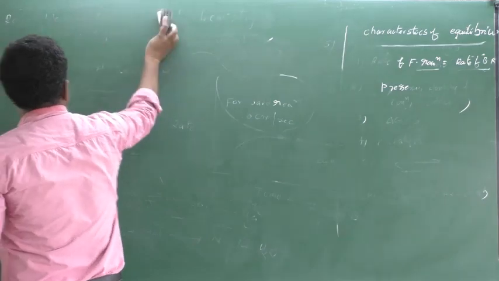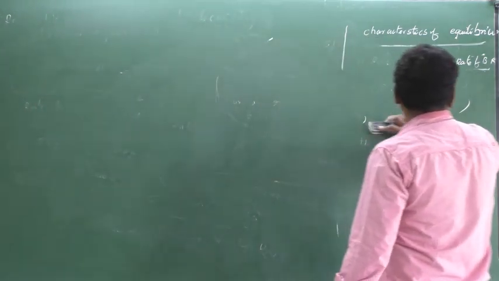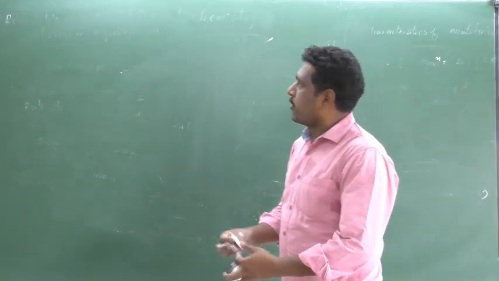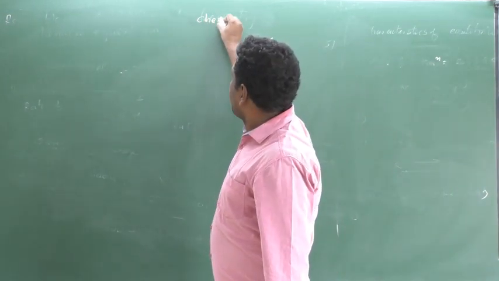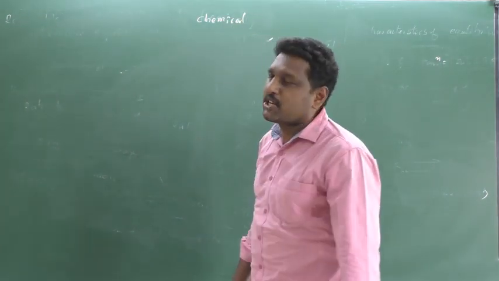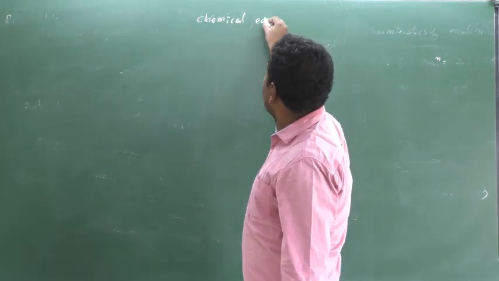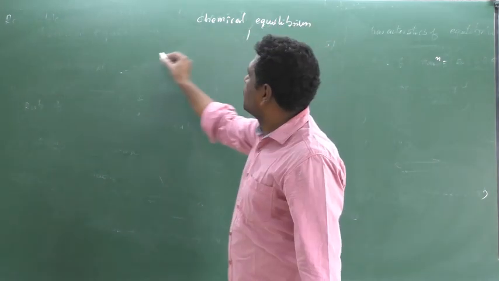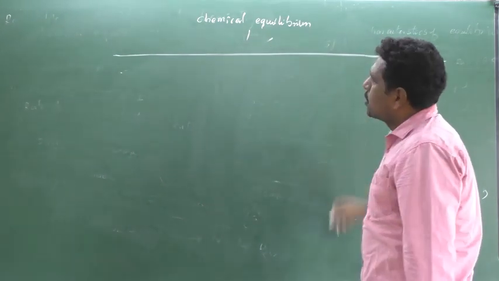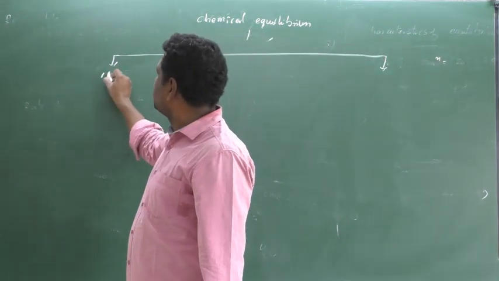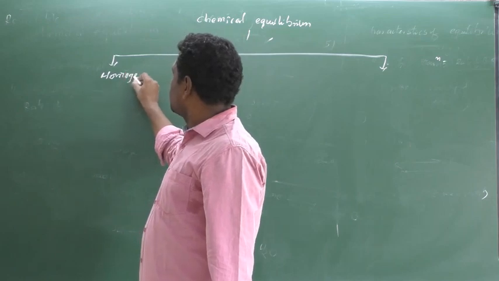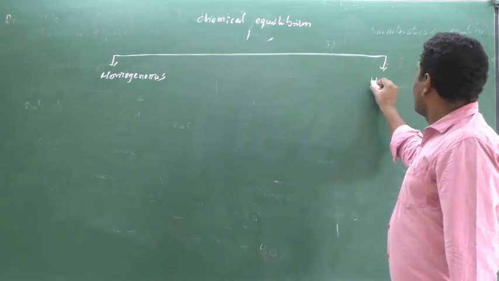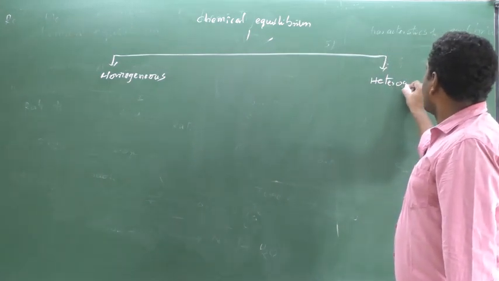Types of chemical equilibrium. Based on the physical states of reactants and products, chemical equilibrium is mainly divided into two types: homogeneous chemical equilibrium and heterogeneous chemical equilibrium.